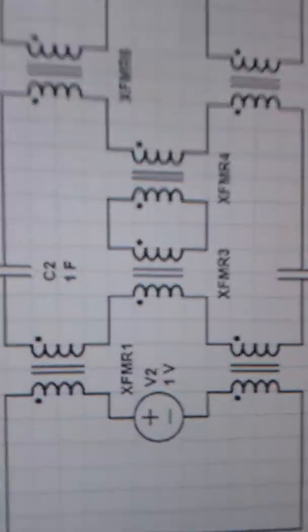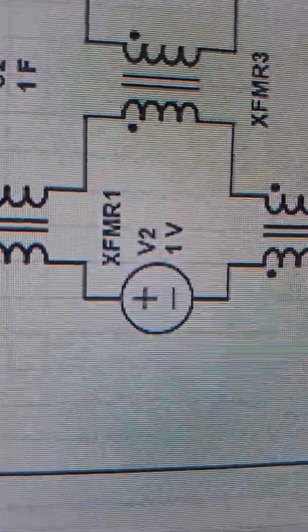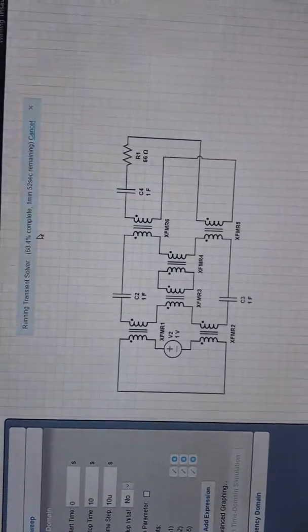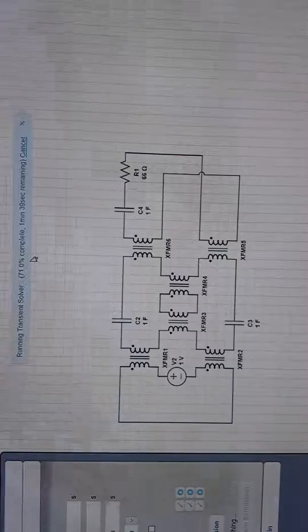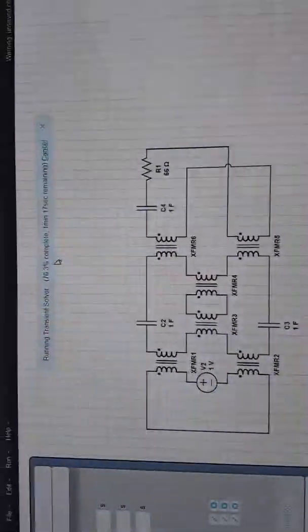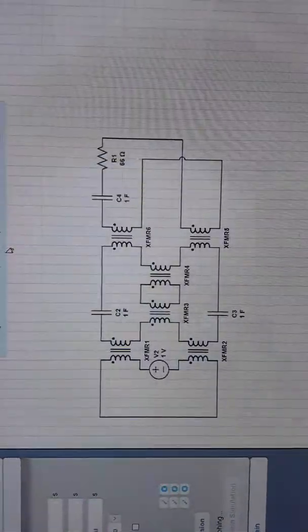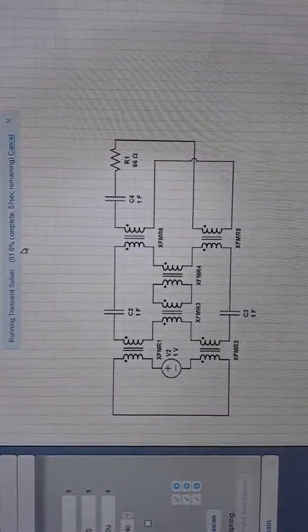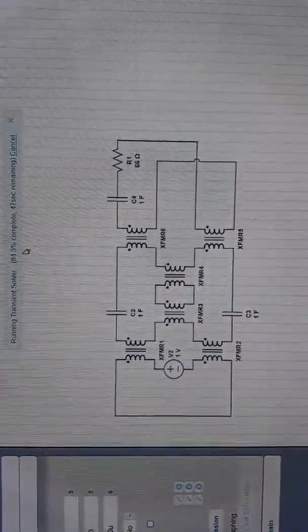Instead, we replaced it with a 1-volt battery. This is a simple 1-volt battery. If what I did was correct and it was not a simulated problem, we should get the same results, right, off of 2 simulators.